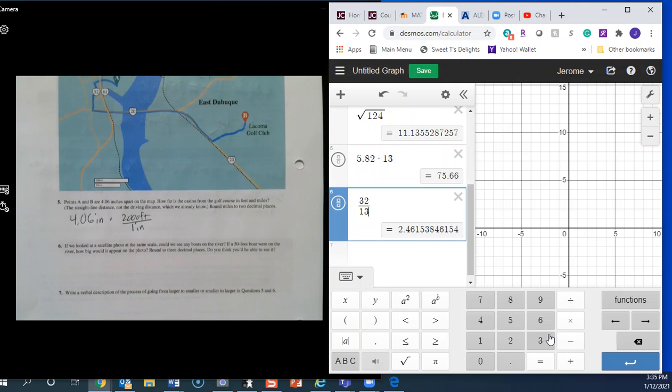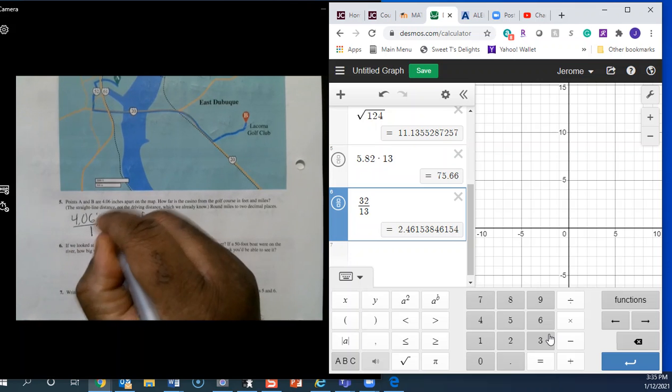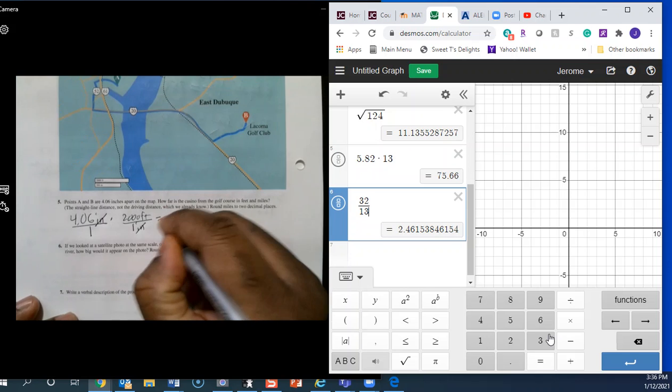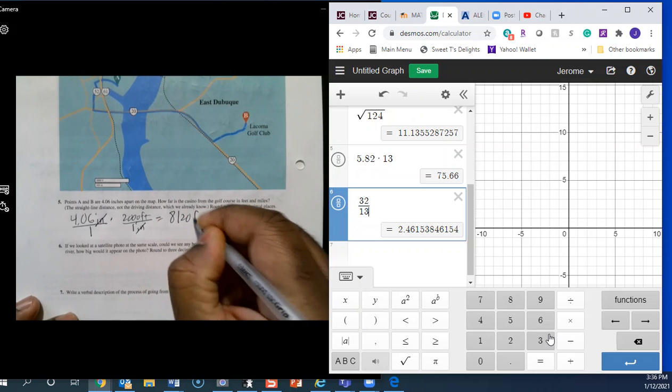All right. So we'll put this over 1. These inches will simplify out because remember, we want our answer to end up in feet, and then we would end up changing it to miles. So 4.06 times 2,000 is 8,120 feet.